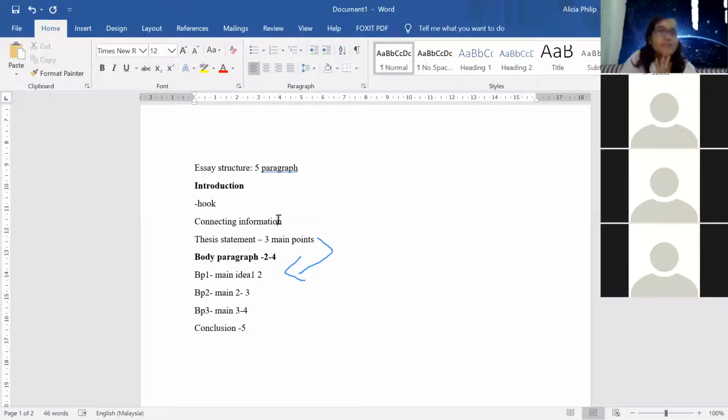Madam, is there any do's and don't for introduction? Any specific do's or don't? Your hook shouldn't be very long. It's just supposed to be around 1 or 2 sentences. If it's a narrative, then it's acceptable to be at least 3 sentences.